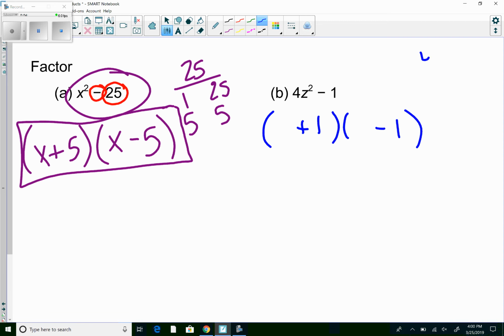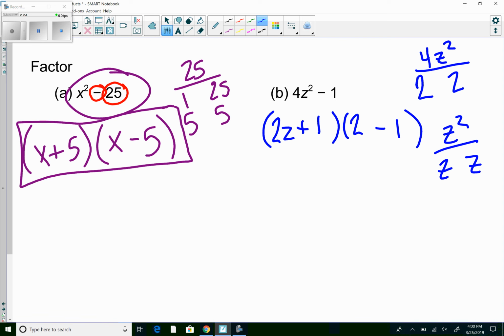But we have to think about how to get this 4z squared to cancel itself out. Again, 4 is a perfect square, so I'm going to use the numbers 2 and 2. And z squared is z times z. So that's got to be 2z plus 1 and 2z minus 1.